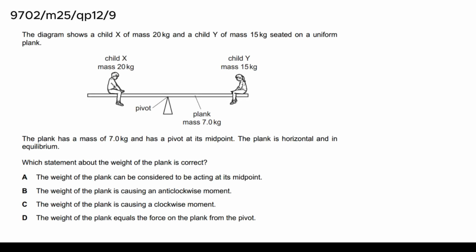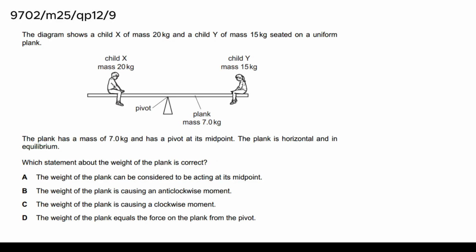Here it comes to the last question on moments in 2025. A problem on a seesaw. We have child X, mass 20 kilograms, on the left, and child Y, mass 15 kilograms, on the right, sitting on a uniform plank of mass 7.0 kilograms. The pivot is exactly at the midpoint, and the whole system is horizontal and in equilibrium.